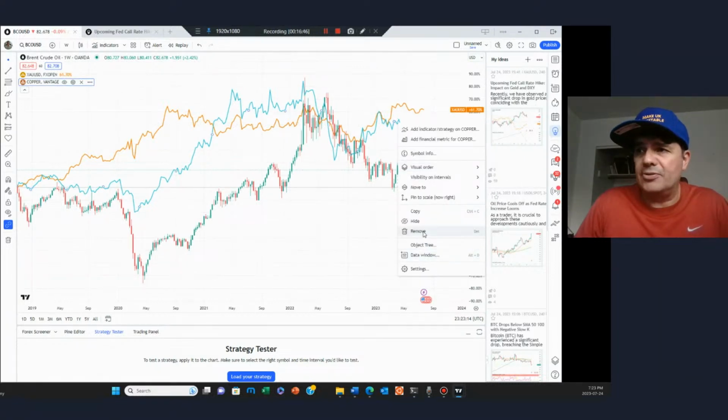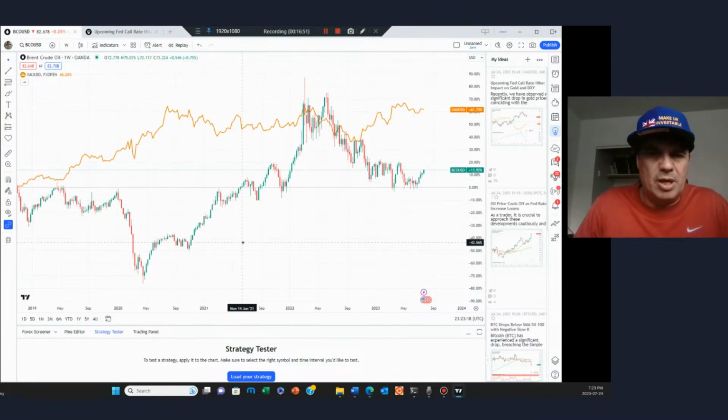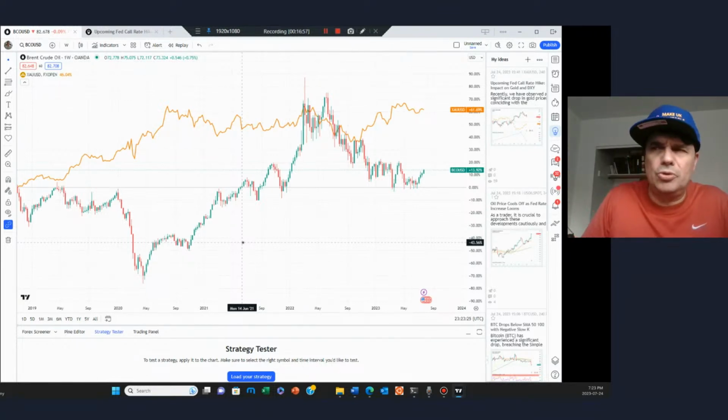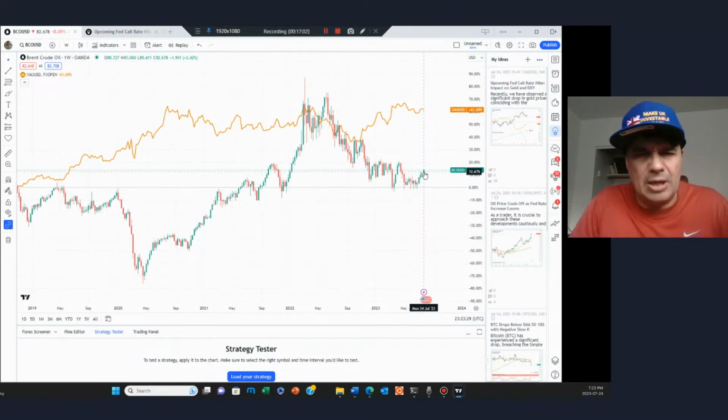Okay, so that's oil. Now, where will oil go? It really depends upon where China goes. There are two drivers that are going to drive up the price of oil. As I said, Saudi Arabia has cut oil production as part of OPEC, so that's going to drive up price.